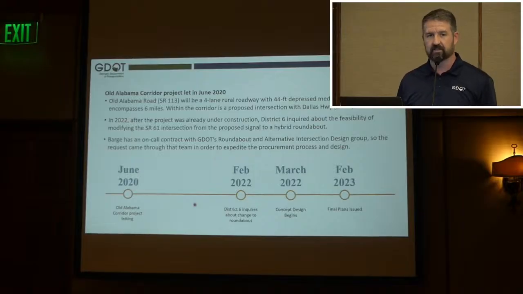It's basically a Cartersville South bypass, 4-lane divided, a lot of new location. Back in 2022, we were getting pretty far into construction. We're doing bridges and whatnot. We're still fairly early in the construction game, because construction takes forever.